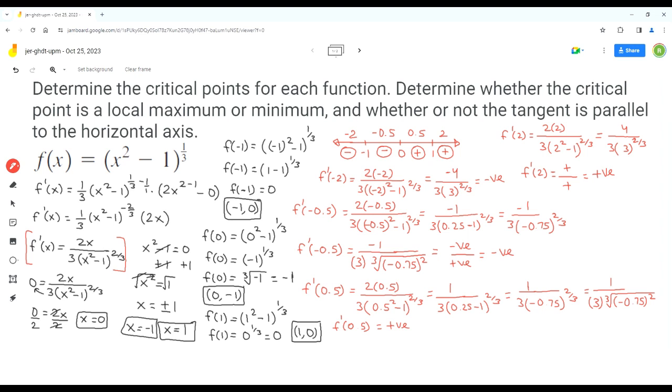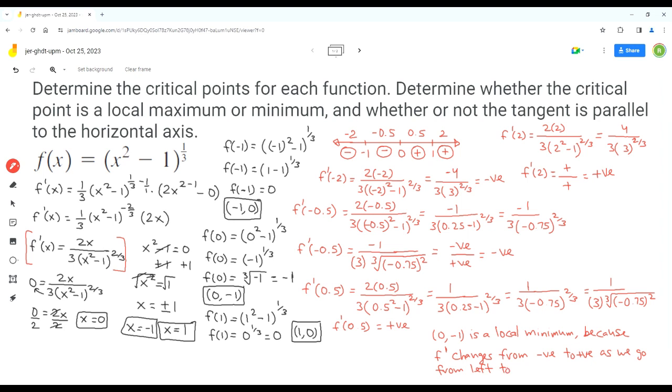So we can write here. So critical point 0, -1 is a local minimum because prime of f changes from negative to positive as we go from left to right.